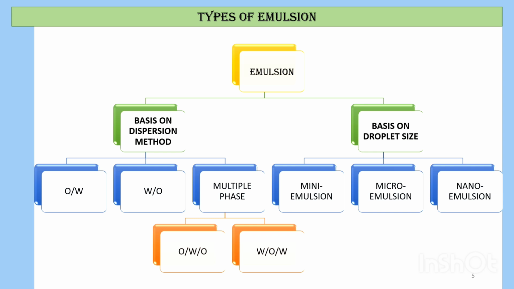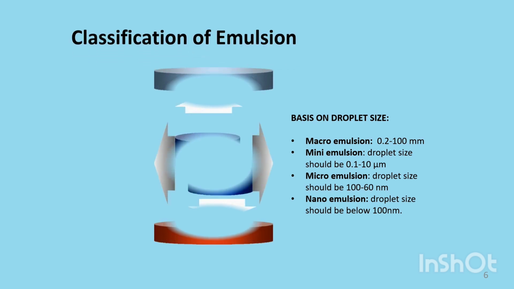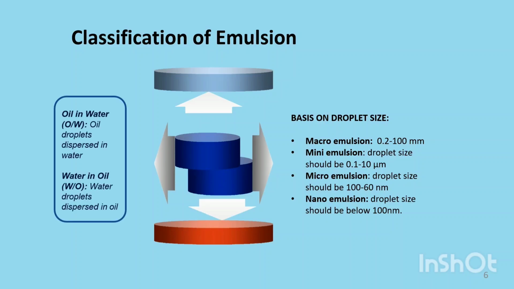On the basis of droplet size, also, emulsion can be classified in different categories, that is mini emulsion, micro emulsion and nano emulsion. For nano emulsion, the droplet size of emulsion should be below 100 nanometer.